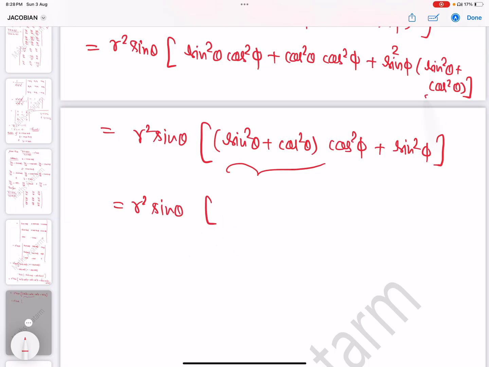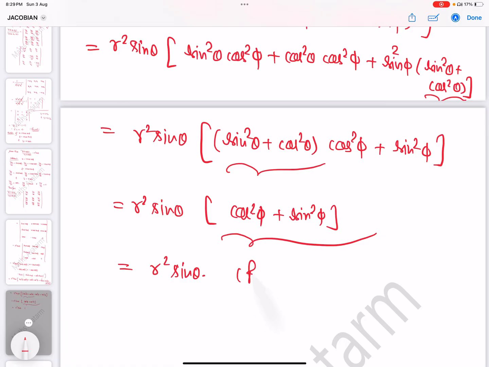Here it is also 1. That is why we have written this. So cos square phi plus sine square phi. Again this is 1. So this is r square sine theta. Okay. So we have proved that this is r square sine theta. That was to prove. Okay. So Jacobian is r square sine theta.